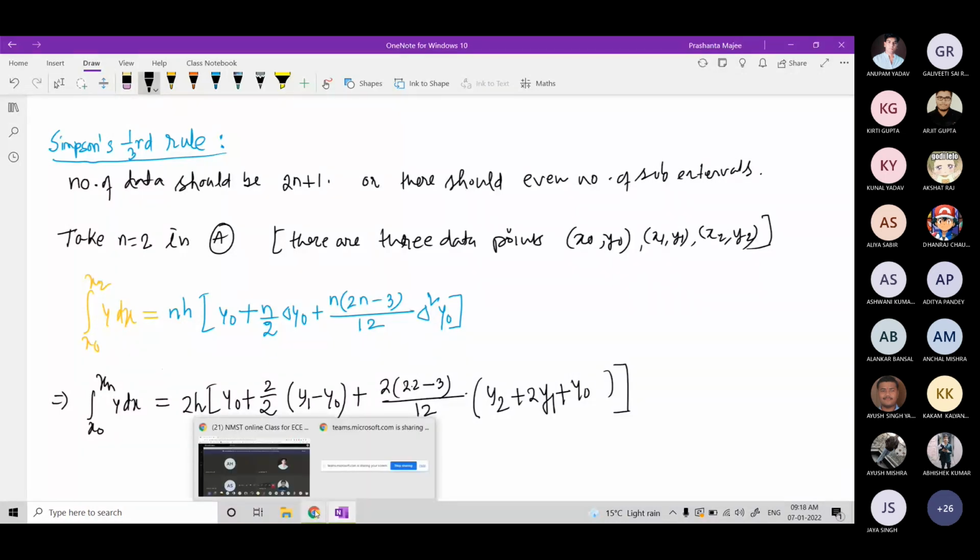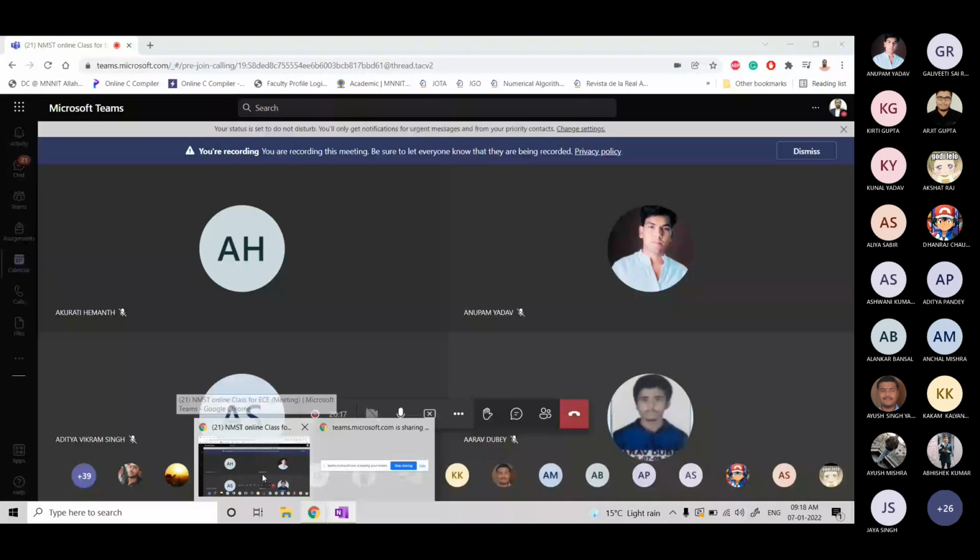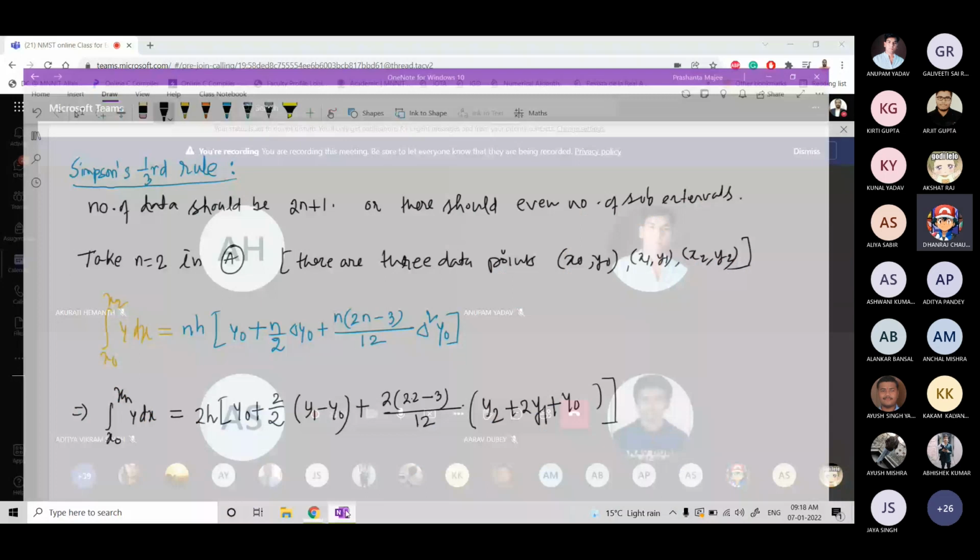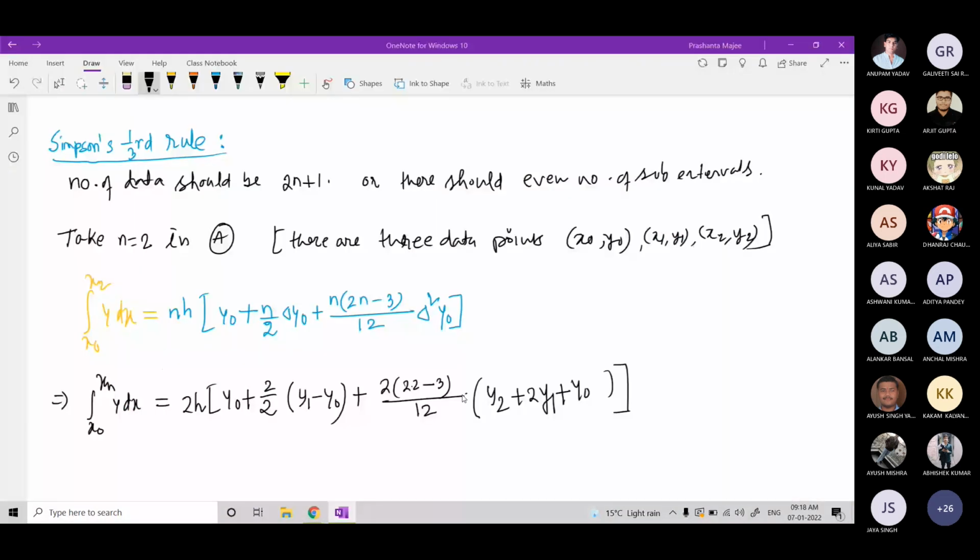Are you listening, students? Yes, sir. Okay, now you simplify the whole thing. So that will be 2h into y0 plus y1 minus y0 plus, it will be 4 minus 3 is 1, so 2 by 12, that will be 1 by 6, 1 by 6 into y2 plus 2y1 plus y0.